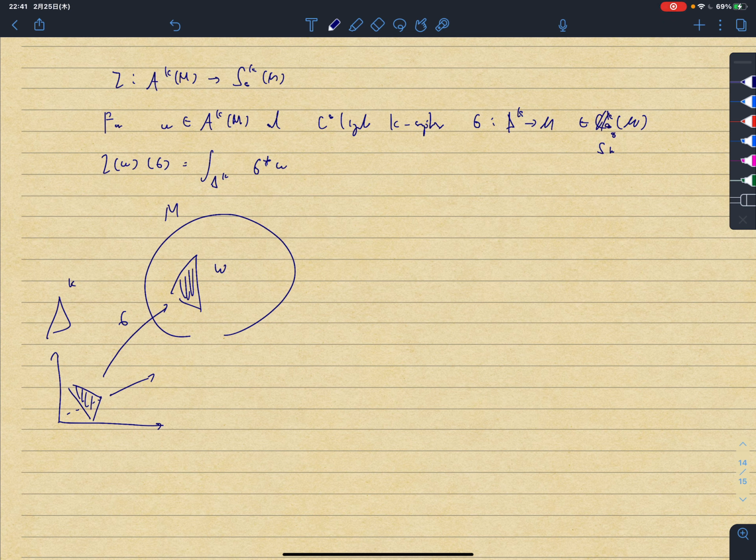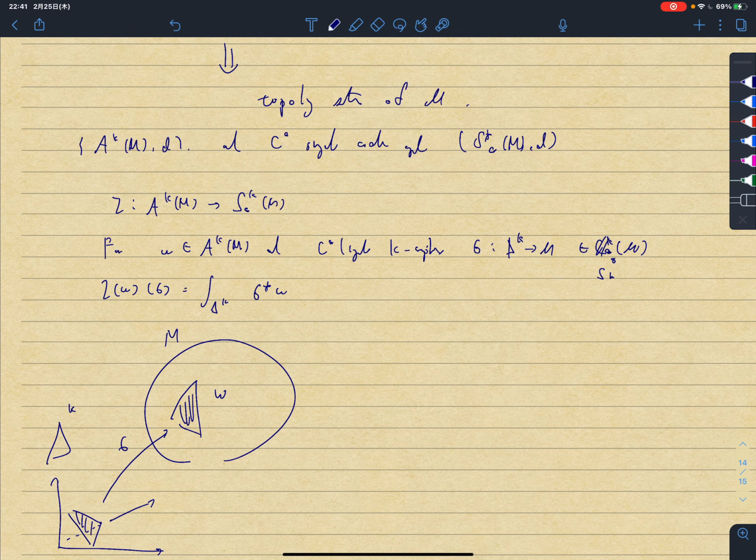For an arbitrary singular k chain C, we can extend this definition to arbitrary singular k chains by linearity.